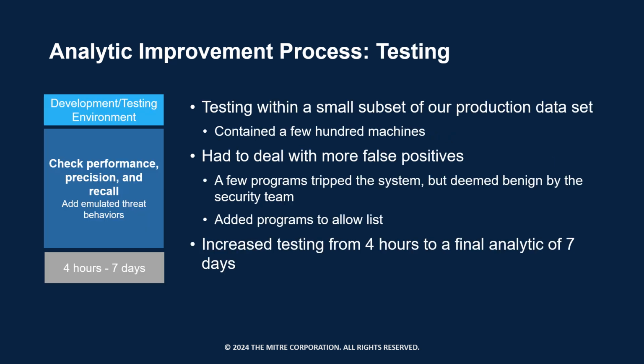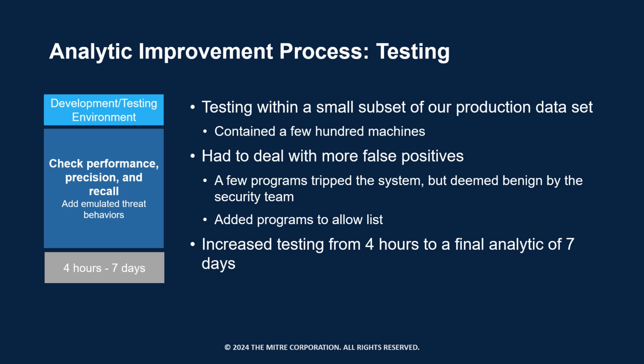Next, we moved to testing in the developer and testing environment. The scope of this testing was enlarged a bit as the environment contained a few hundred machines and had greater logging capabilities. The major difference between my machine and the testing environment was the number of false positives that were generated. There are hundreds of users on this system who are using different applications and processes than me.